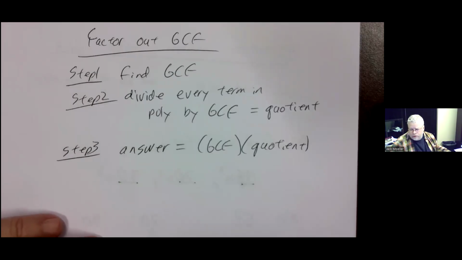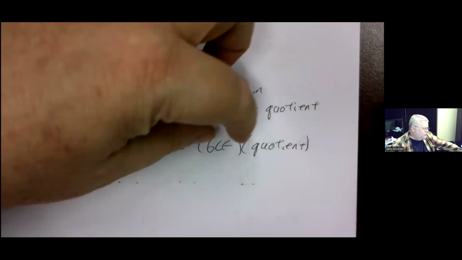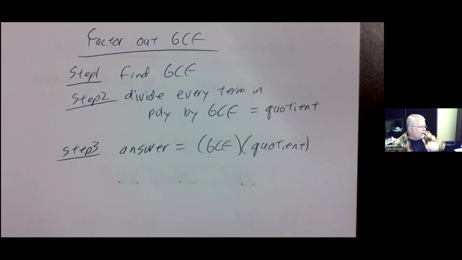And I really wish the habit would be to put the GCF in parentheses, but mathematicians were a bit lazy in our notation, so we know that that's something times the quotient. So we don't tend to put it in parentheses. I think it would help if we had that habit though.